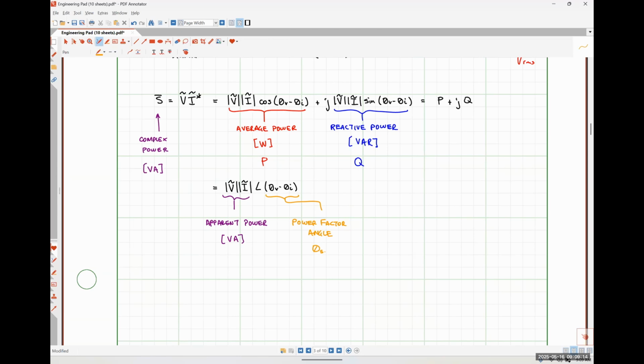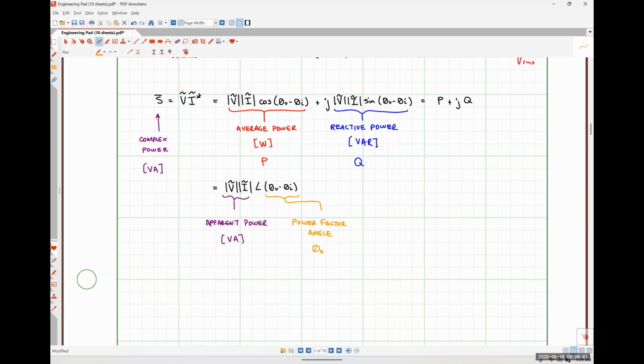Because that angle right there is the exact same way that we define the angle of an impedance. Right? So if we know that our impedance is the ratio of phasor voltage V divided by phasor current I, that complex math works out to where the result of that has an angle of theta V minus theta I. So our power factor angle for complex power and the angle of the impedance is literally the exact same thing.